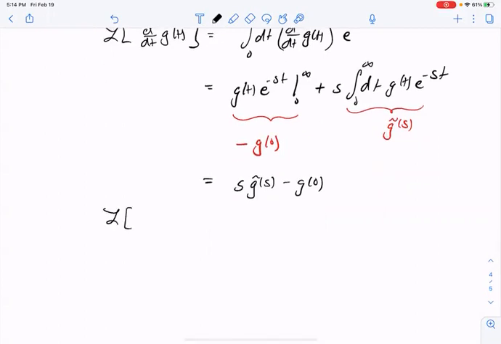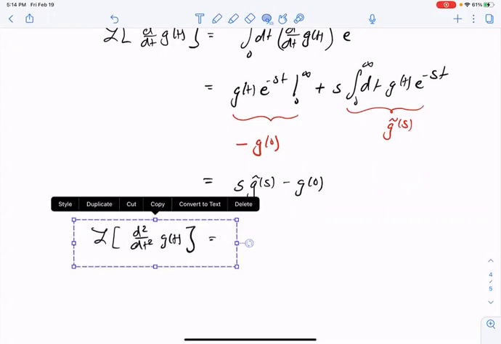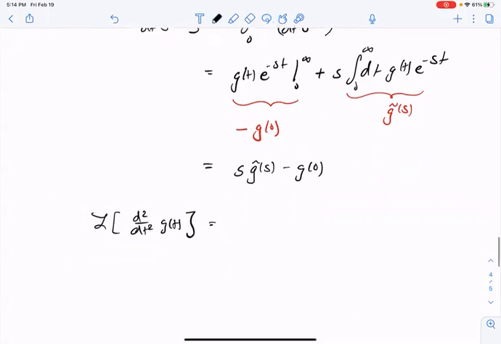Analogously, taking the Laplace transform of a second order differential operator can be followed through, integrating by parts twice, giving me s squared times the Laplace transform of the function g of t, less s times g at 0, minus g dot at 0.